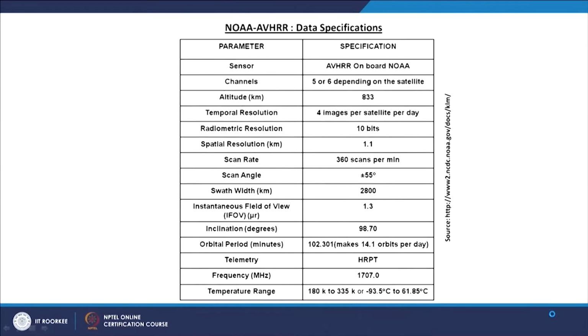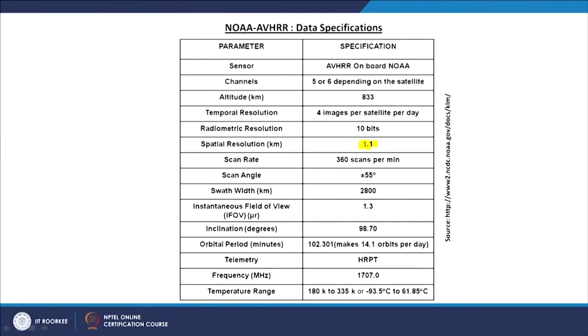Now, if you see the specifications about NOAA AVHRR, as I have already said, the spatial resolution is about 1 kilometer, that is 1000 meters, and it depends where it is located, but nonetheless you can acquire at least 4 images per day.